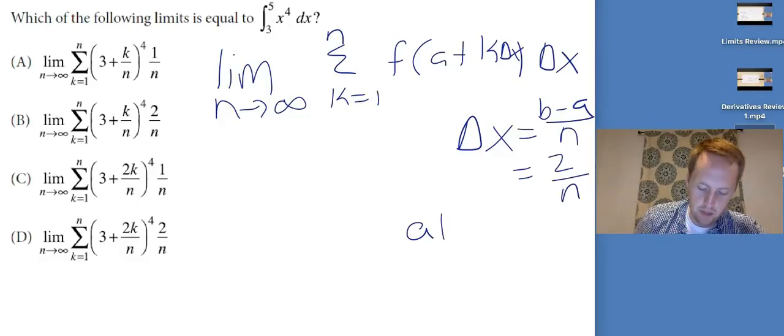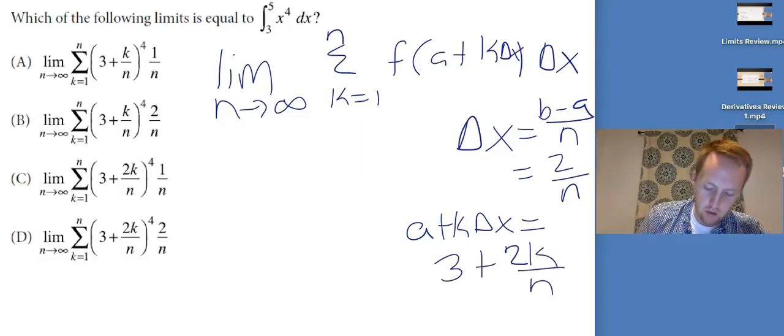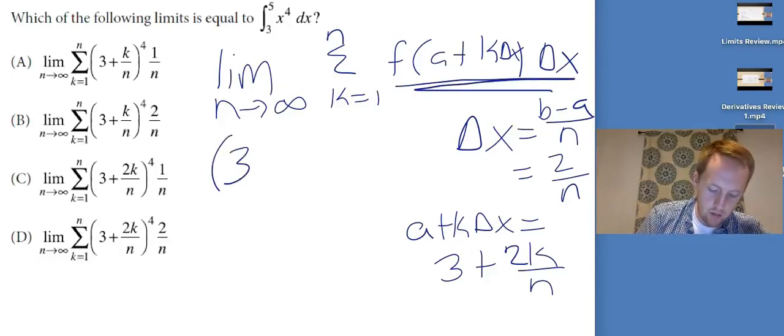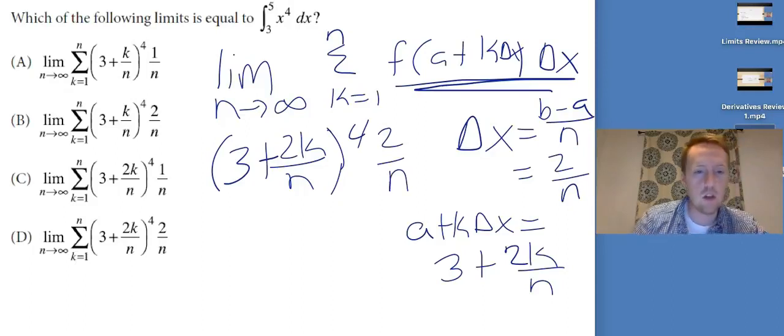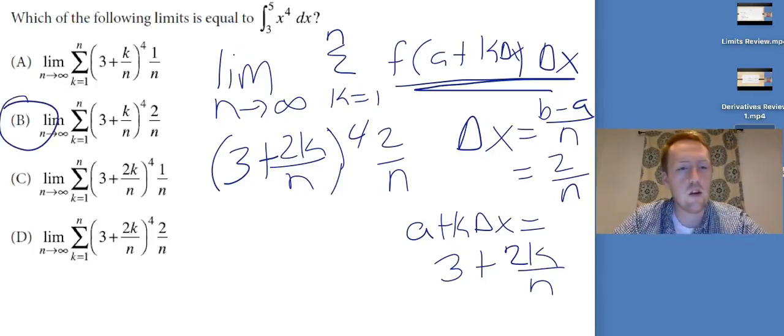So then a plus k delta x is equal to 3 plus 2k over n. This underlined part is going to end up being 3 plus 2k over n to the fourth, times 2 over n. So now I'm just looking for which of these sums has that. Well, that would be b. So the definite integral is that sum.